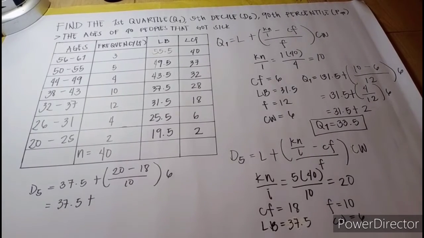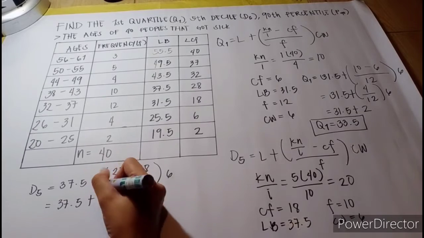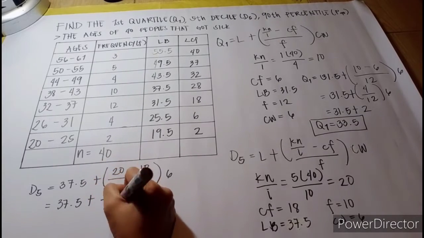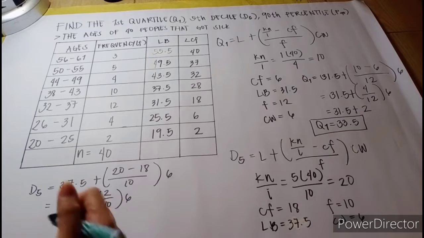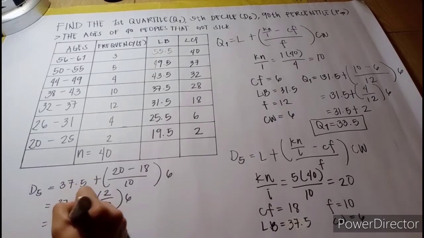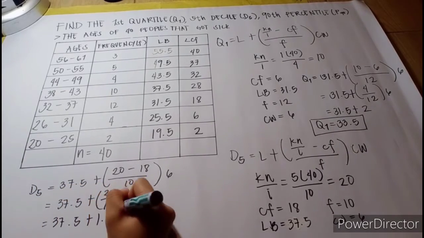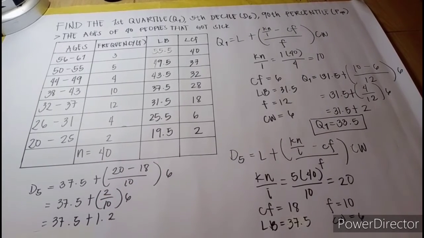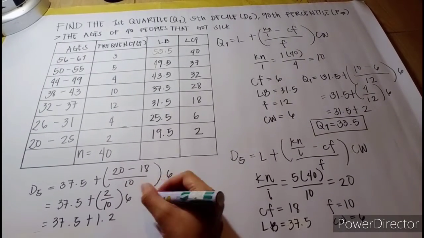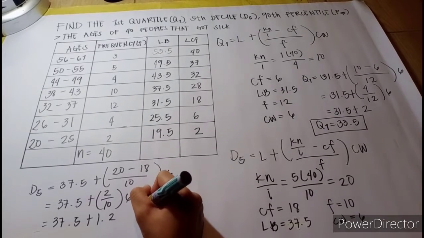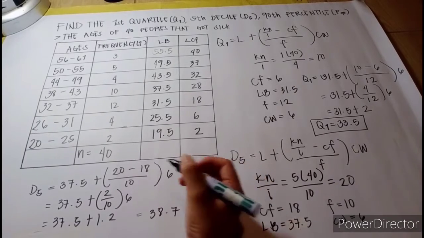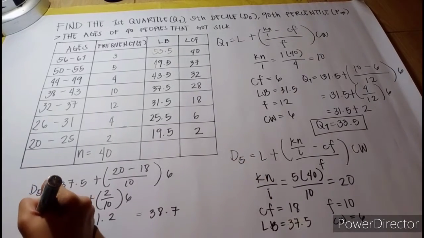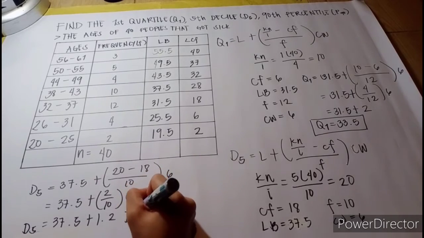So 20 minus 18 is 2 over 10 times 6. And 2 divided by 10 times 6 is 1.2. So 37.5 plus 1.2 is 38.7. So this is the fifth decile.